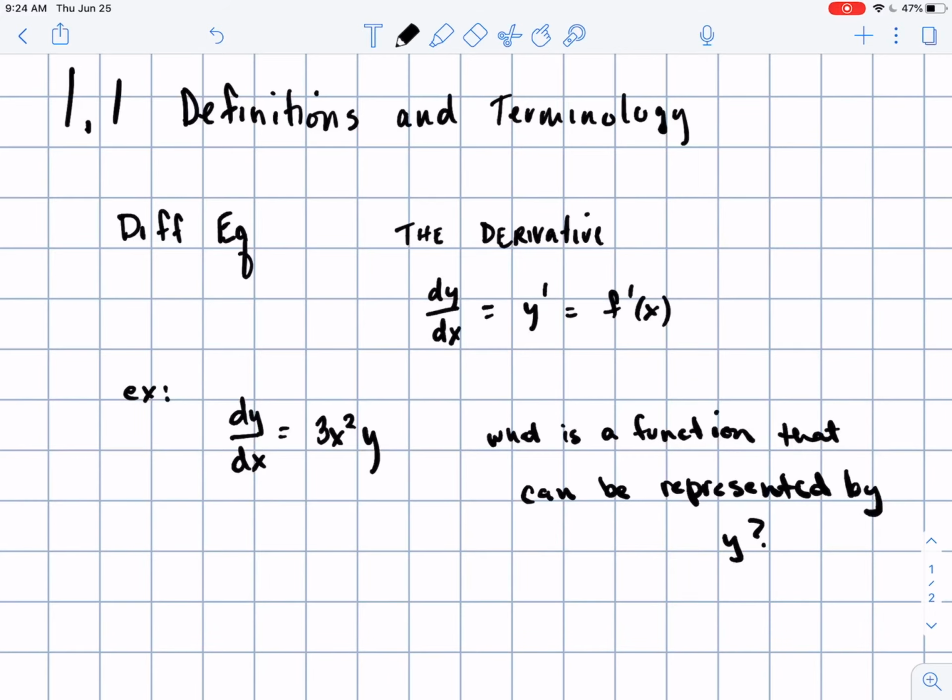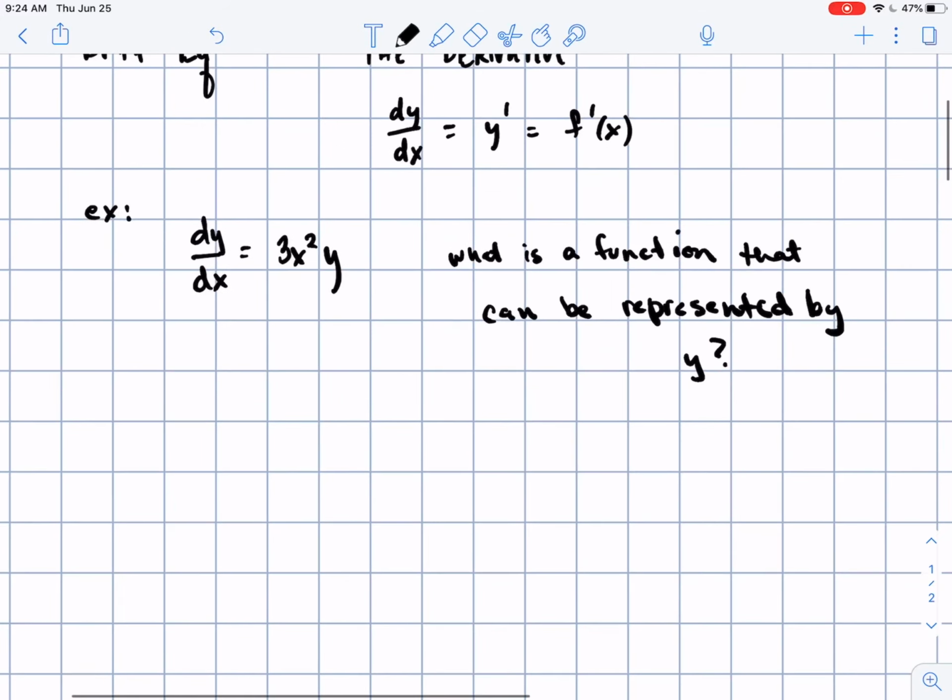Really, that's the key question in this course: you'll be given some type of differential equation, and our goal is to find out what y is, or what functions could be representative of y, or what these functions look like.